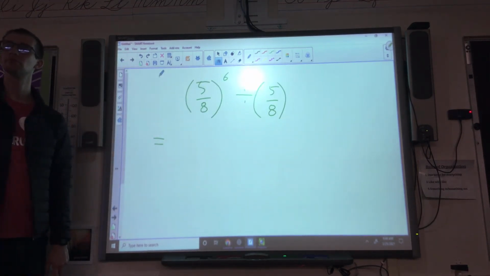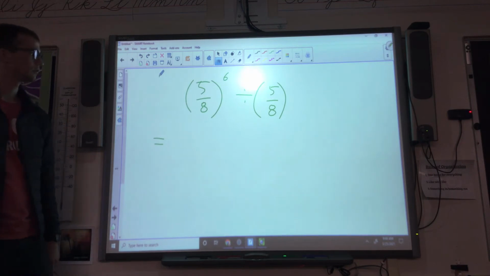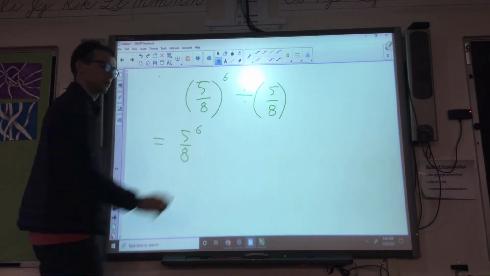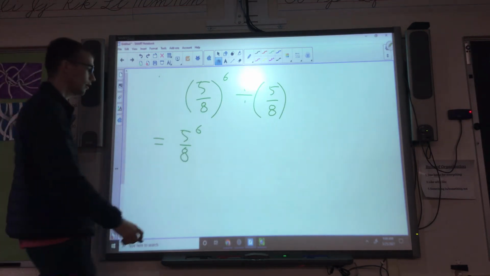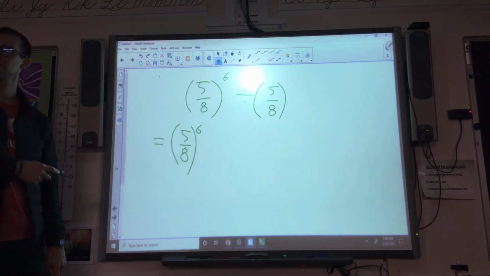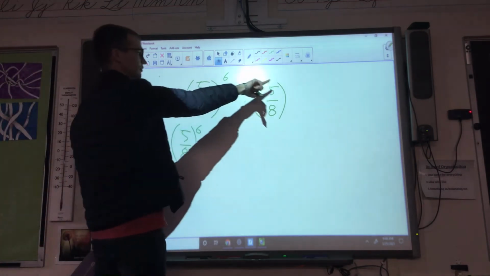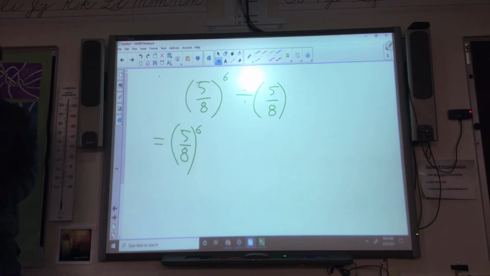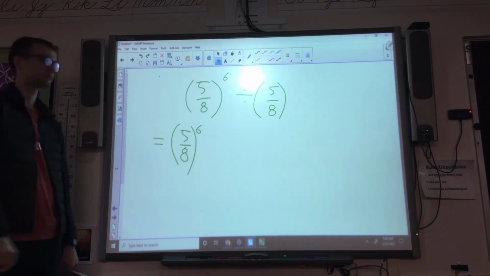Oh, okay. So is it 5/8 with the 6 over it, with the parentheses around the 5/8? Yeah. No, that's the final answer? No. Well, that's what this is. It's divided by 5 eighths to the 1st power. So what's the next thing you'd have to do to figure it out?